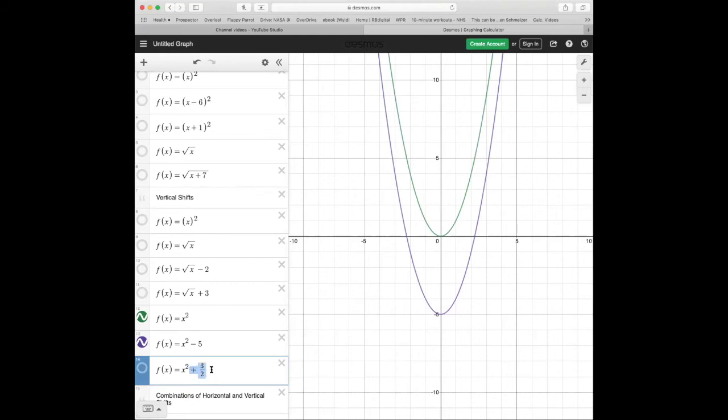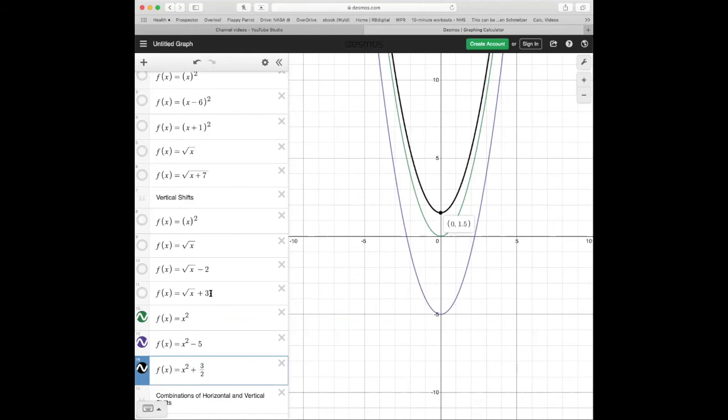Plus 3 halves means we're vertically shifting up. So I expect this graph to be shifted up 3 halves. In other words, it's going to go up 1 half, 2 halves, 3 halves. So I expect the vertex to be right up here at 3 halves. Let's see if that's what we get. It sure is. So this graph is shifted up 3 halves, or 1 1/2.